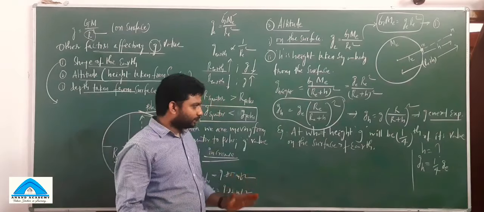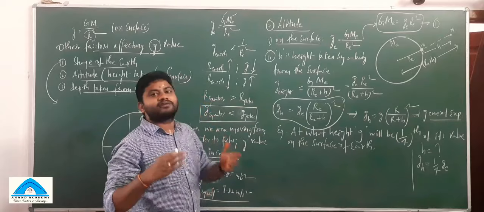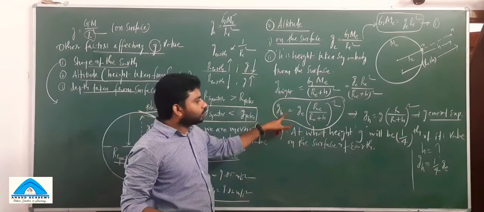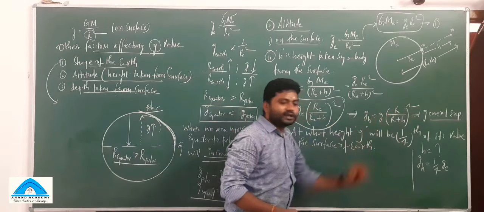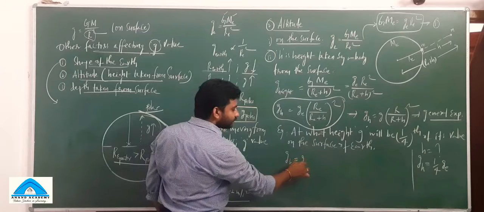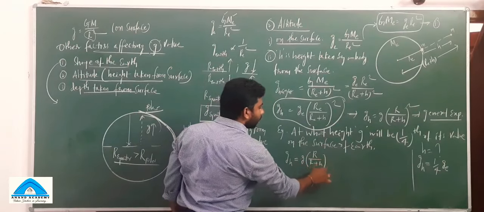Sure? Now, look at this interesting part. So what is the formula? Immediately you should recollect the formula. Acceleration due to gravity at some height is equal to G into R by R plus H whole square. So I am writing the formula here: G suffix H is equal to G into R by R plus H whole square.